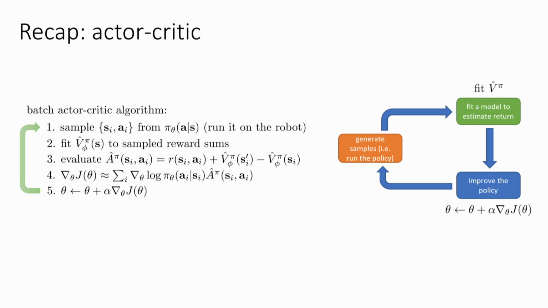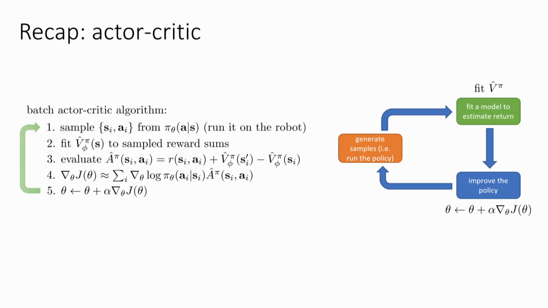This advantage essentially quantifies how much better is the action a_i than the average return you would get from state s_i. So the advantage of s_i, a_i tells you how much better a_i is than the average return you'd expect to get. And this advantage you can plug right into your policy gradient estimator by simply multiplying your grad log pi's by the estimated advantage.